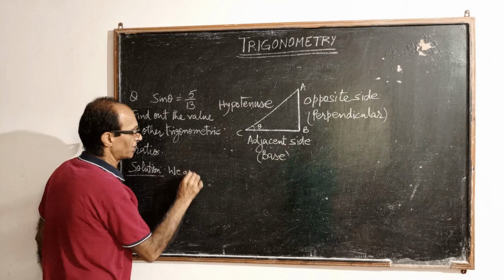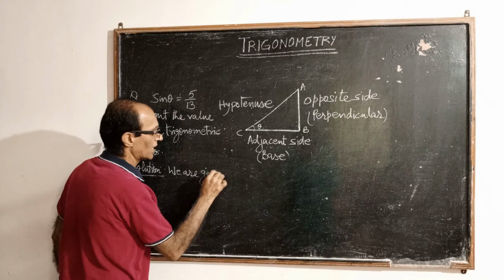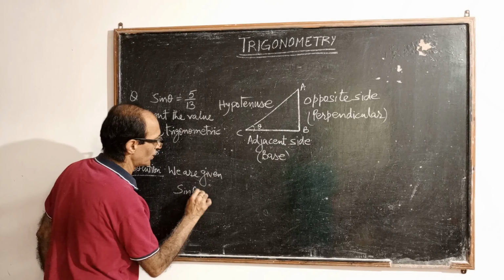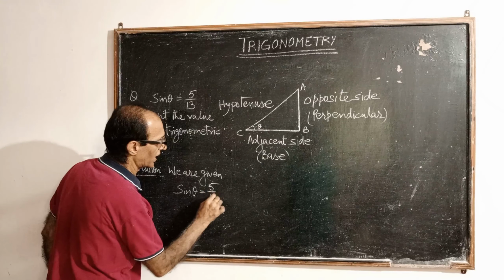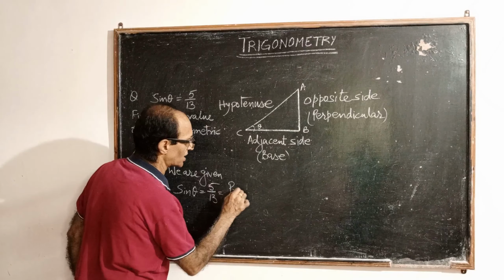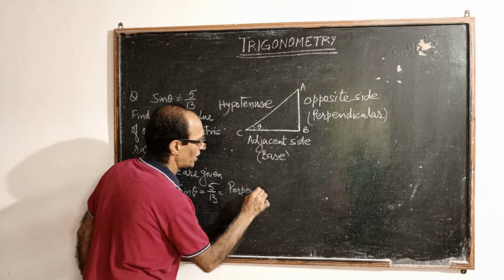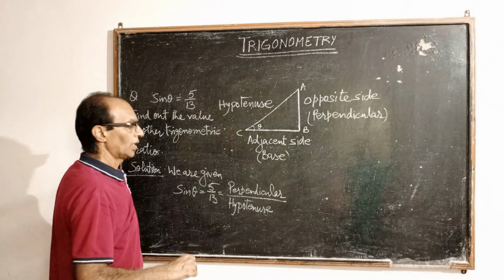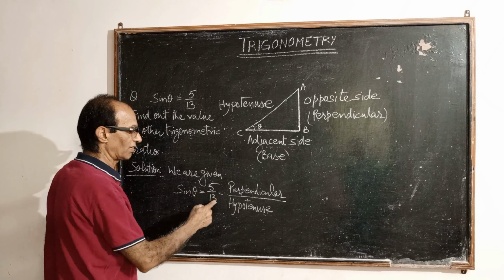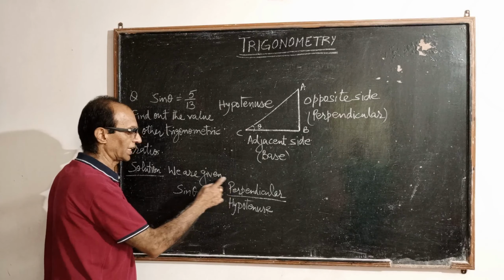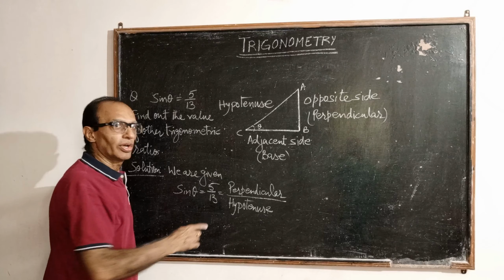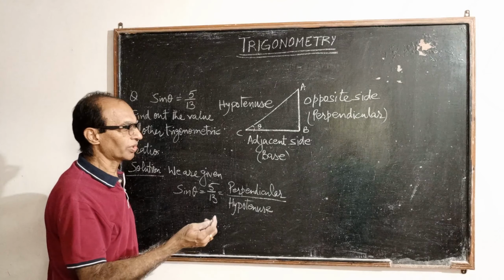We are given sine theta is equal to 5 upon 13. And by definition, this is perpendicular upon hypotenuse. Now if this is perpendicular upon hypotenuse and this is 5 upon 13, that means the perpendicular side is 5, the hypotenuse is 13. Now remember Pythagoras theorem.